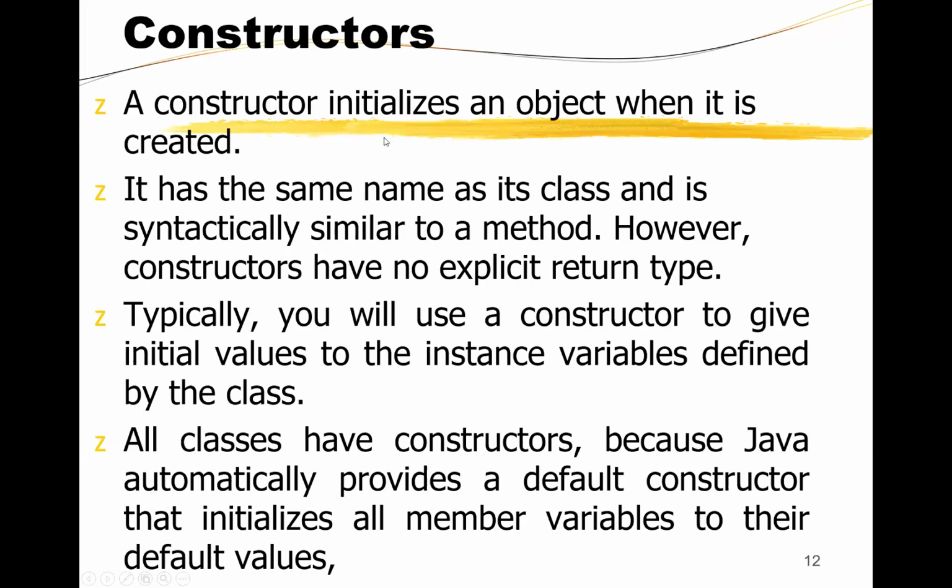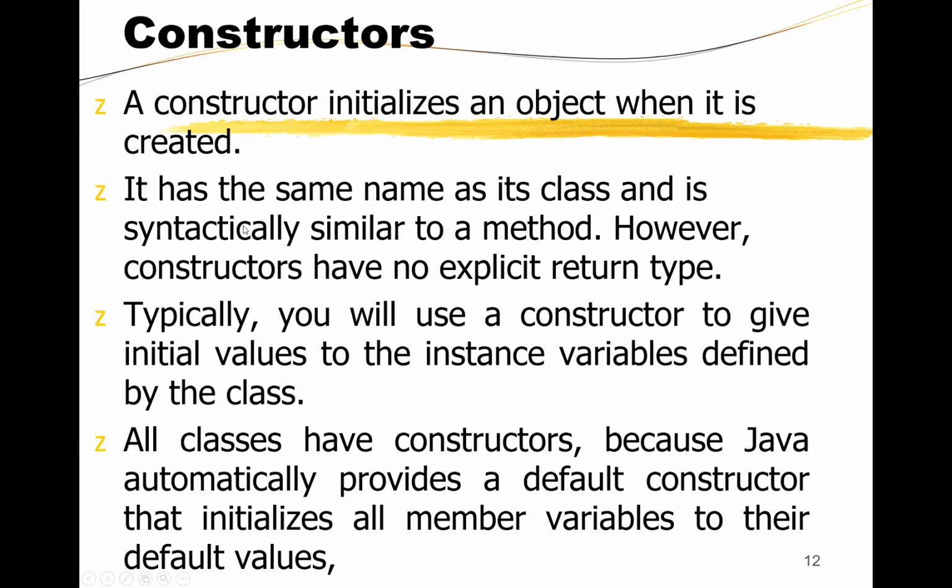Even though you define the constructor or not, the Java compiler will create the default constructor. Therefore, every class in Java has a default constructor if you have not declared it. A constructor initializes an object when it is created, and it has the same name as the class name.